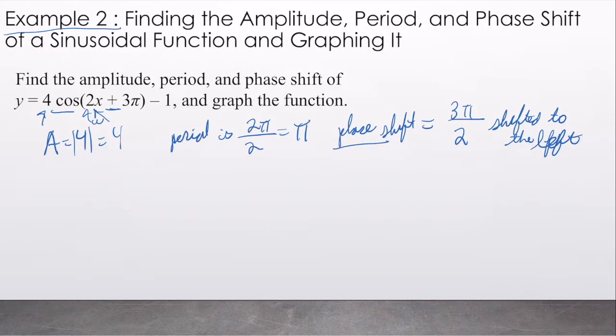So let's go ahead and graph this by using the horizontal shifts. That's what I like to do. So remember that 4, that's our vertical stretch. And that 2, by a factor of 1/2, that's our horizontal compression.